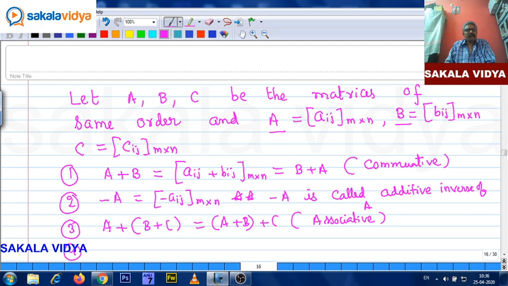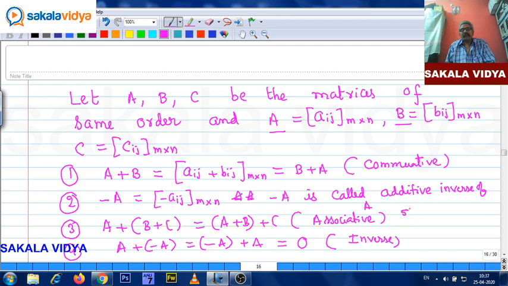And fourth point, as we have already discussed, A plus (minus A) equals minus A plus A, which equals the null matrix O. This is called the inverse property, the inverse axiom.